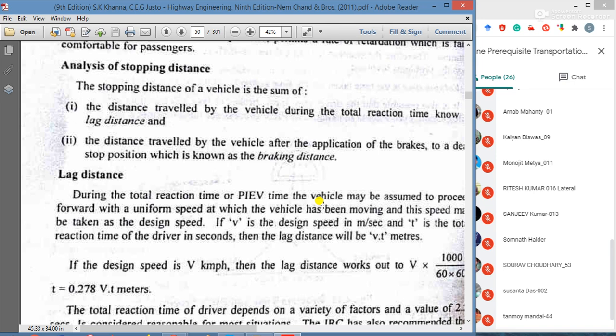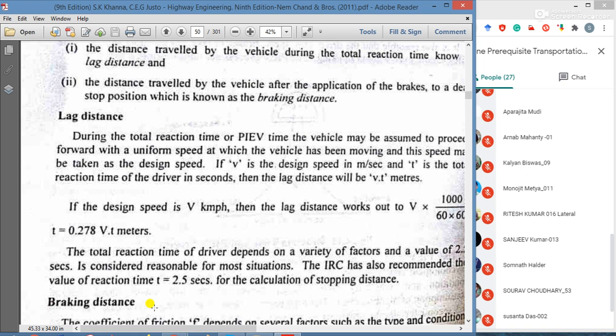When we first see an obstruction on the road, some reactions take place in our brain. For this instant of time, some distance is traveled by the vehicle, and this is called the lag distance.